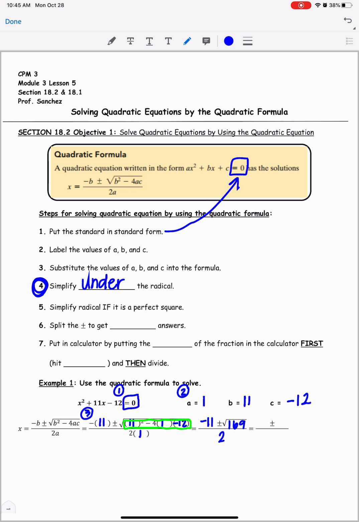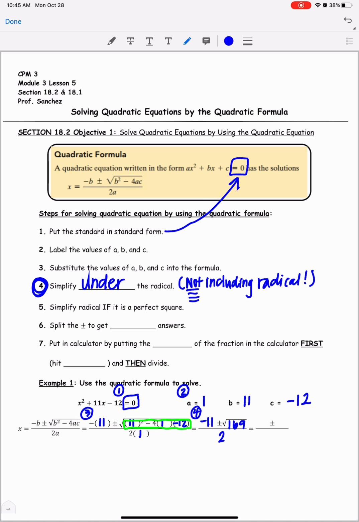So you're simplifying everything, but specifically what is under the radical, not including the radical. In fact, let's just go ahead and put that in parentheses. Not including radical. Okay. So that is my step 4.